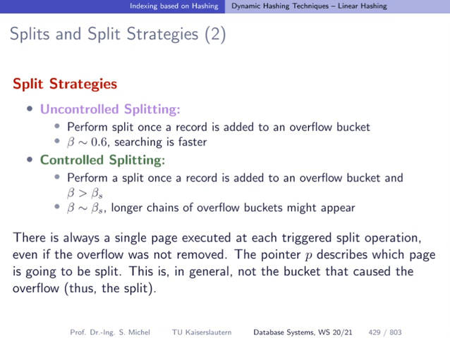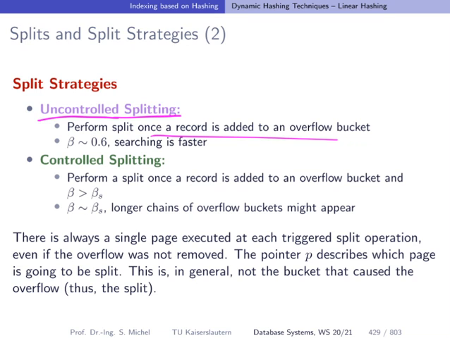Now, given these observations, or this general way linear hashing works, we can think of at least two ways we can split, or two points at which we can split. The first one is called uncontrolled splitting. This gives us the definition of when we perform the split: we perform a split if a record is added to an overflow bucket.